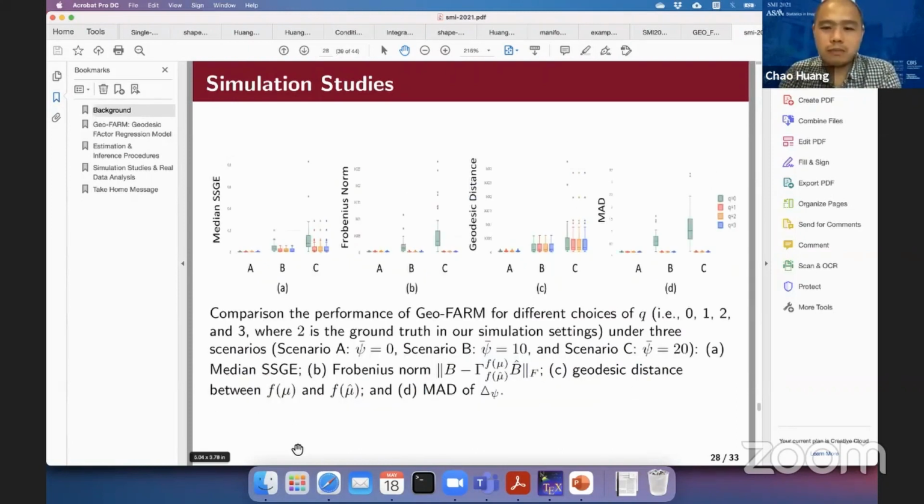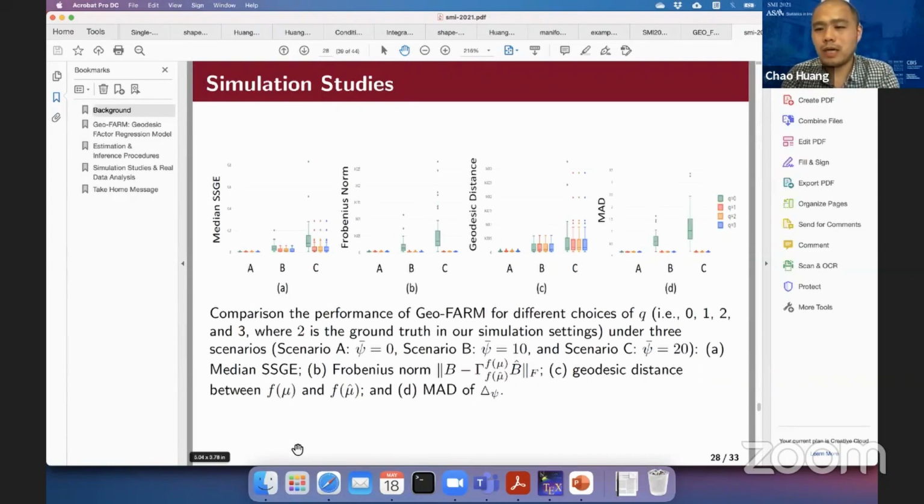Here we want to investigate the sensitivity to the choice of the number of latent factors in our factor model. You will see that when there are no latent factors in the model, the estimation is worse than the case where we have some latent factors in our GRFARM model.